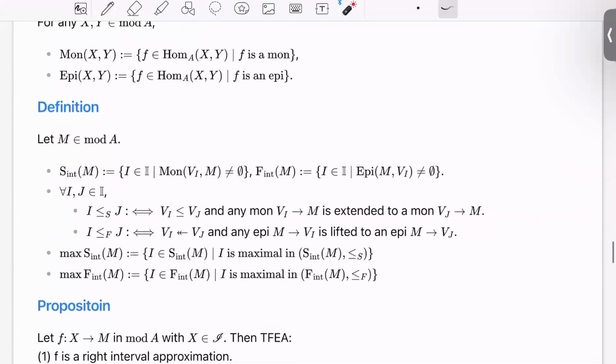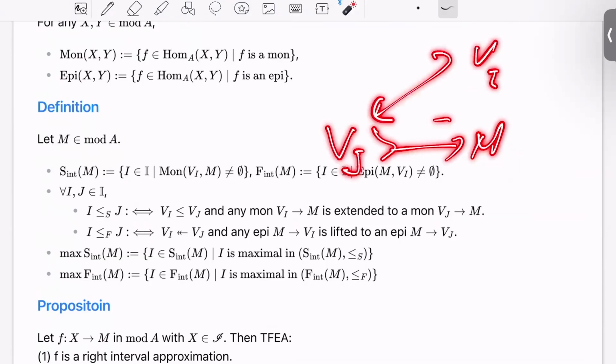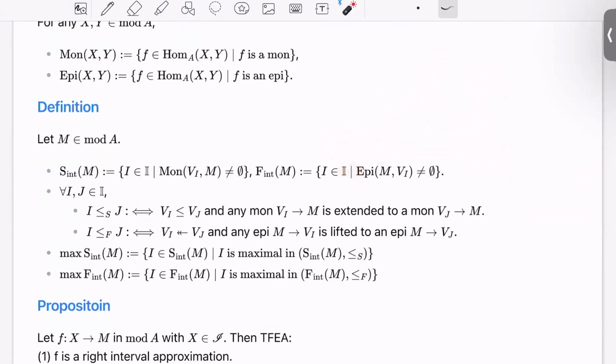This means I is an upset in J, and for any monomorphism from Vi to M, there exists some monomorphism from Vj such that it is extended to here. In that case, we denote this by this, and dually for F. Then we collect the maximal elements to denote the sets of them, max S_int and max F_int.